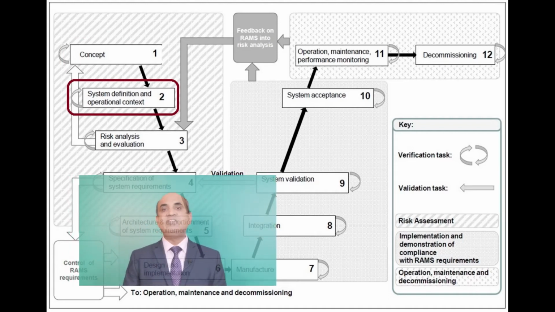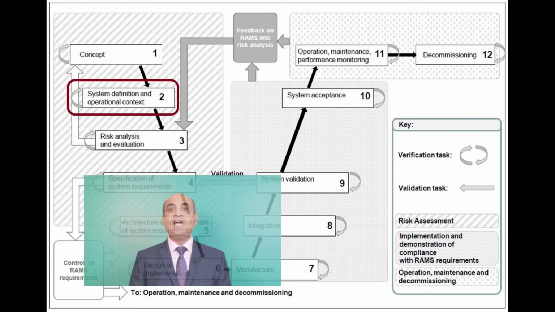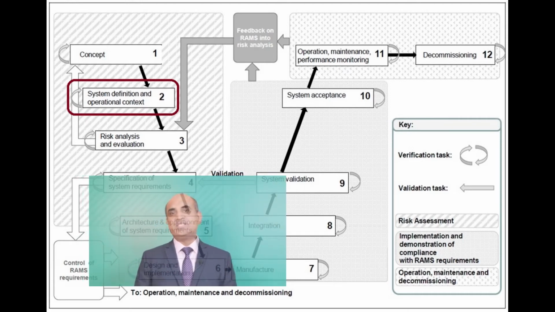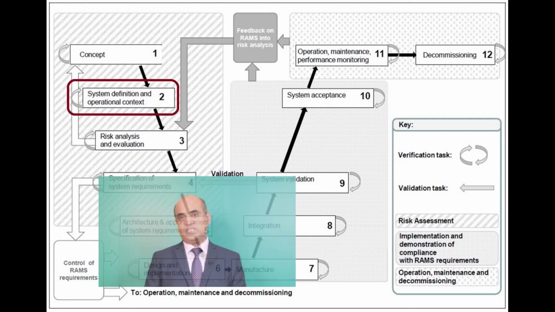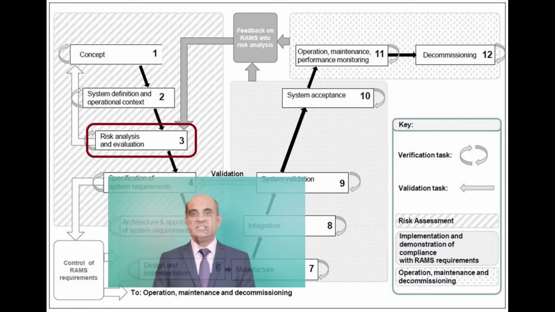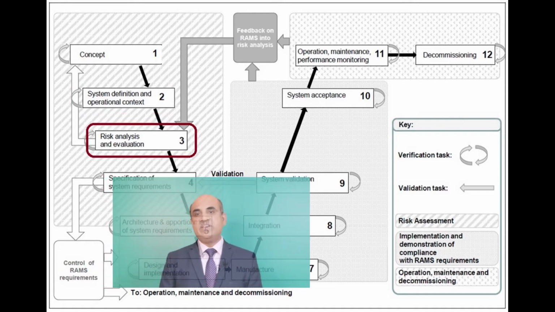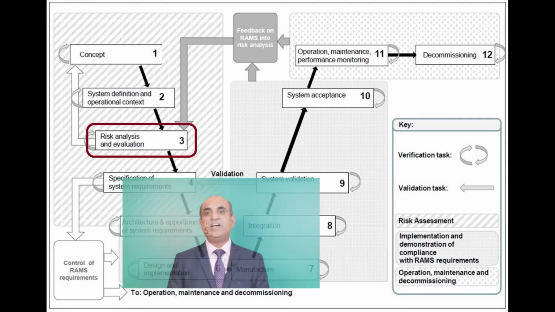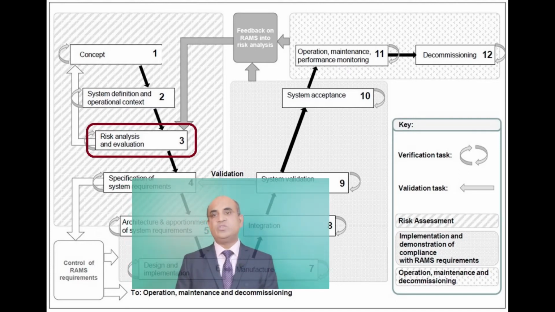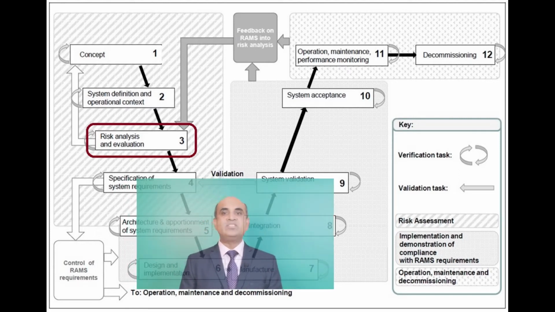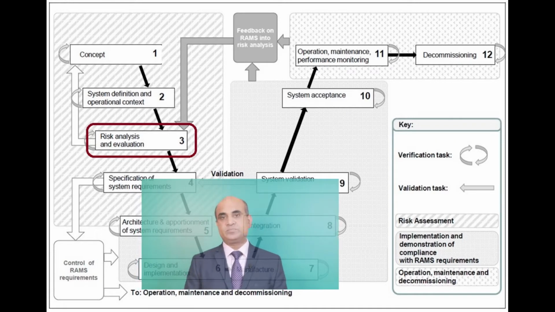At this phase, we clearly define the system along with its boundaries, as well as operational requirements influencing the characteristics of the system. And the next phase is risk analysis. In the risk analysis phase, we carry out a risk assessment to identify considerable events that can lead to losses during the operations and maintenance of the railway system.